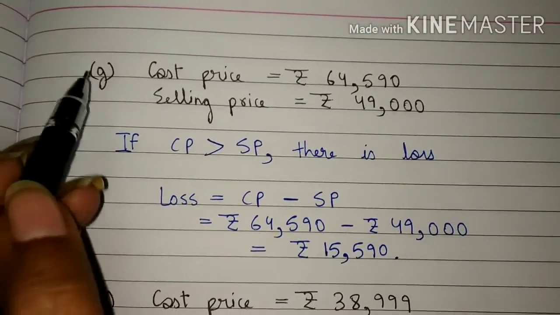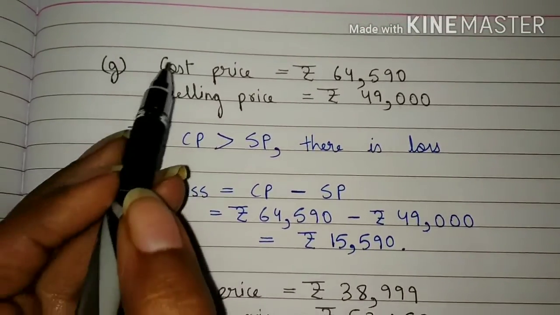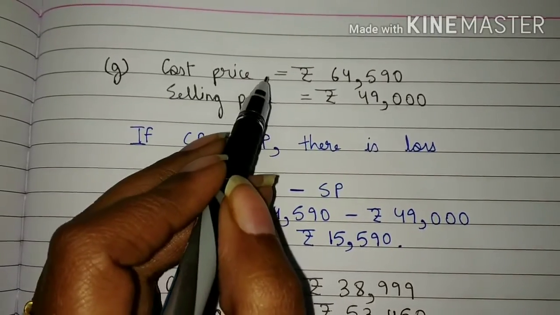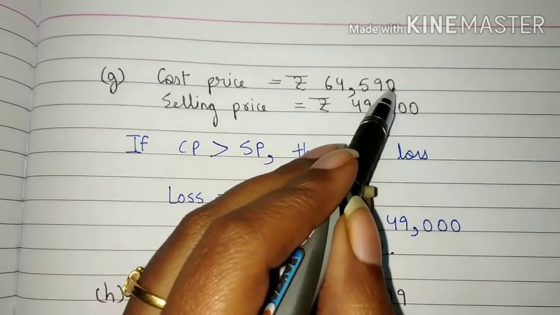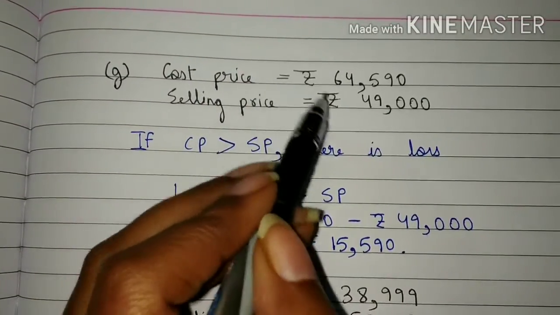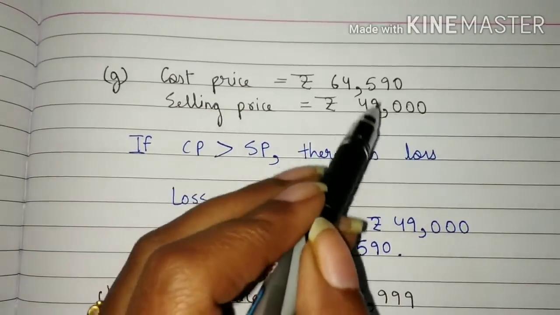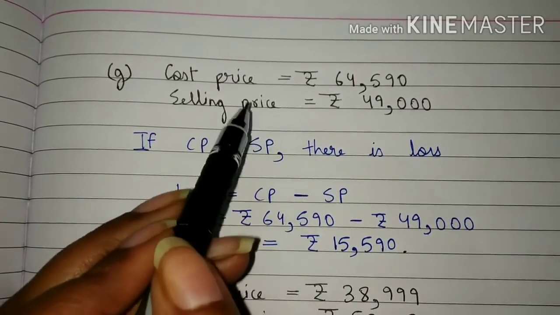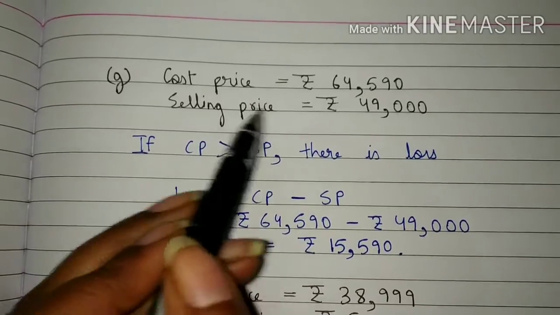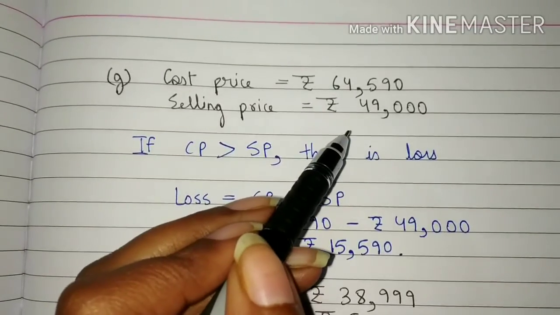Students, now come to G part. Cost price is given, that is rupees 64,590. Selling price is given, that is rupees 49,000. And there are two blanks. One is for profit and the other is for loss.